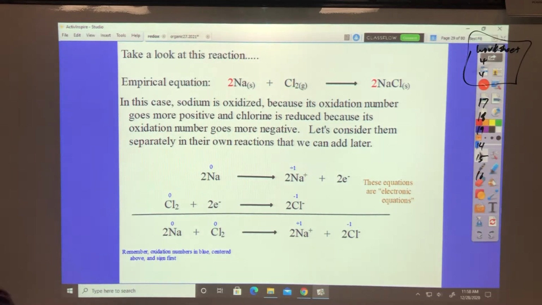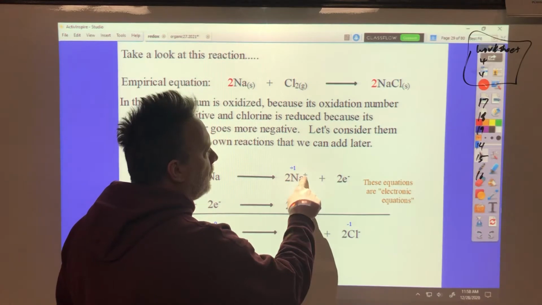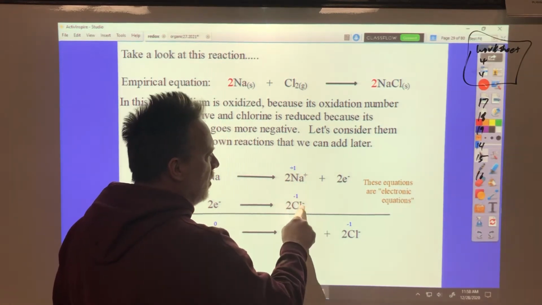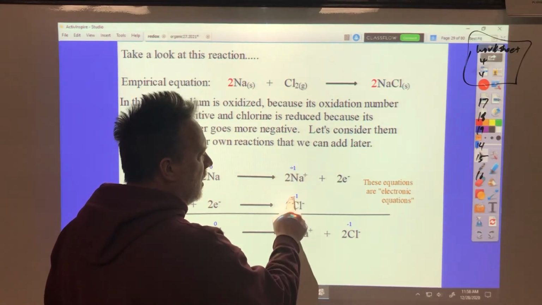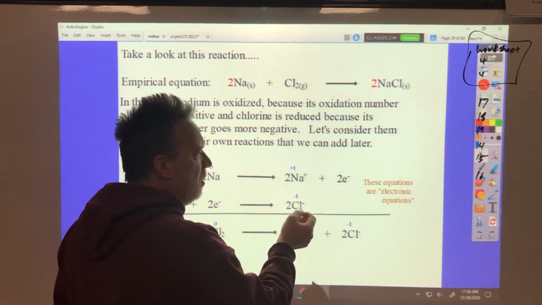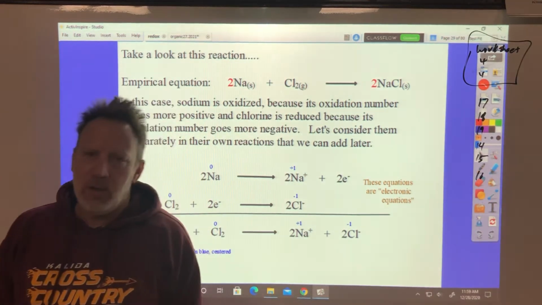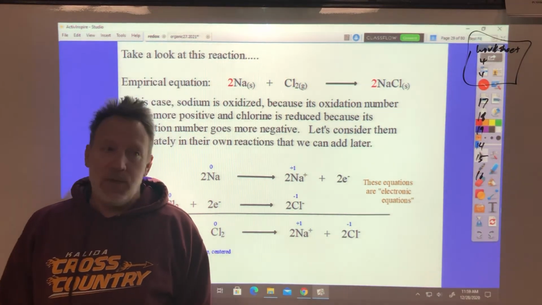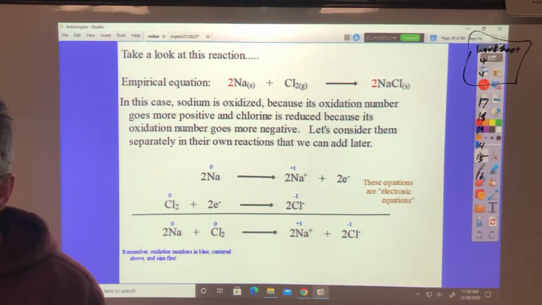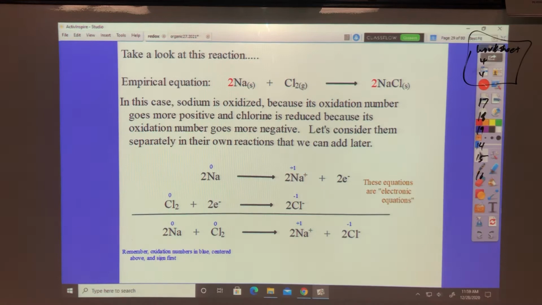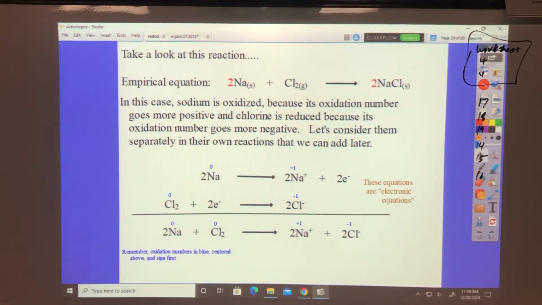Remember, while I'm on the topic of oxidation numbers, charges are 1 positive, 1 negative. Oxidation numbers are +1, -1. I write them in blue and they're centered over top. They're often equal to charges, but they're not the same thing as charges, and they're not written in the same way. So remember, oxidation numbers are in blue, centered above, with the sign and then the number.